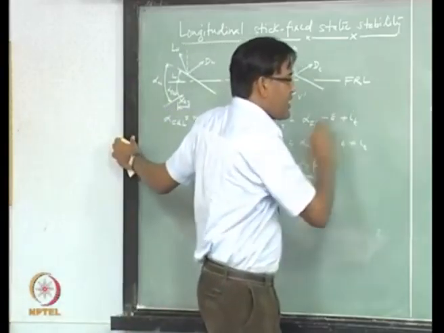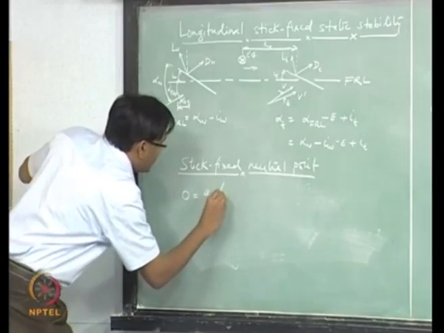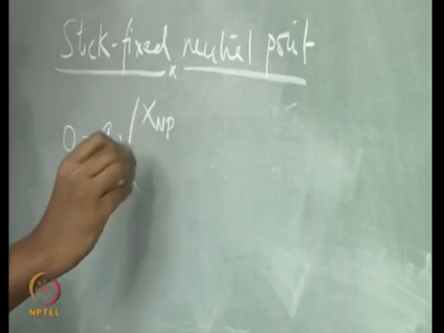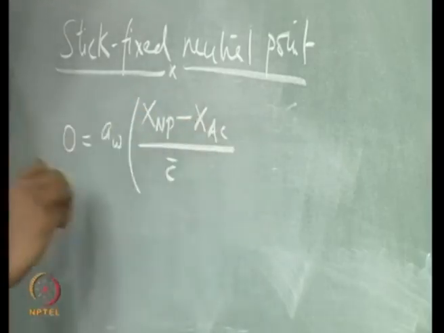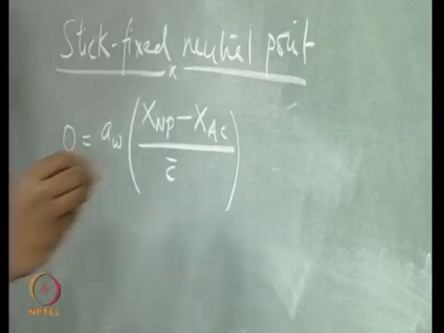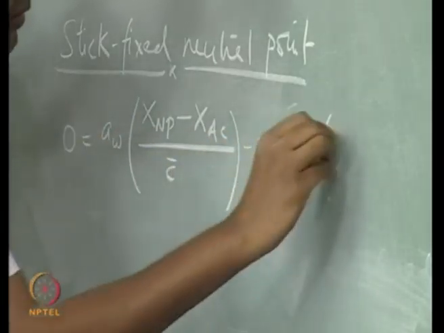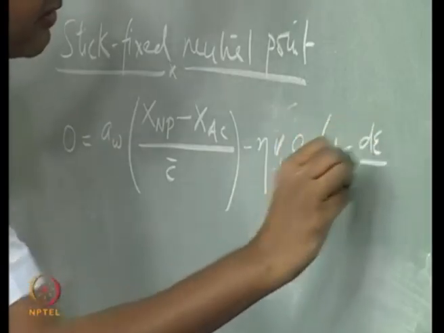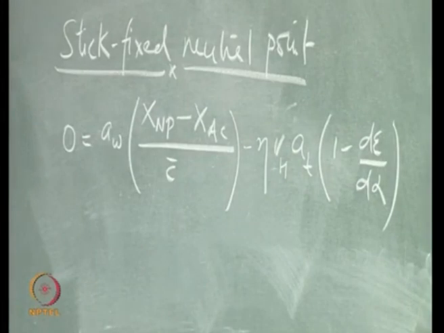So this Cm alpha is 0 and that is the point when CG becomes the location of the neutral point when Cm alpha becomes 0.